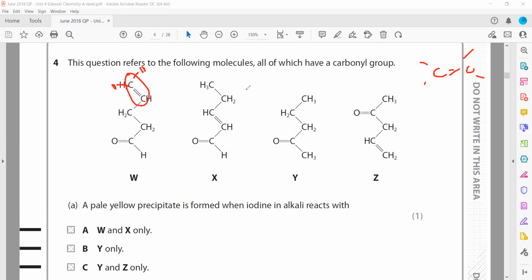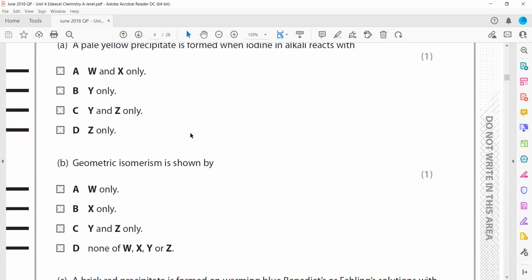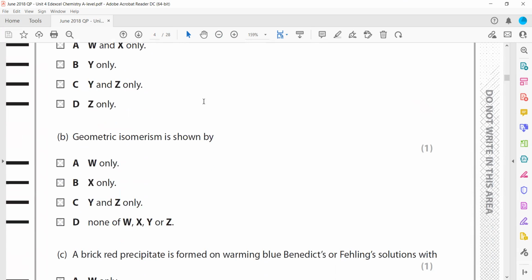When we check X, H is there and C double bonded with O and H is there, so this can exhibit it. This one does not have a double bond, and this one has a double bond but again has CH2, so it does not exhibit geometrical isomerism. So we are left with only X, so B will be the right answer.